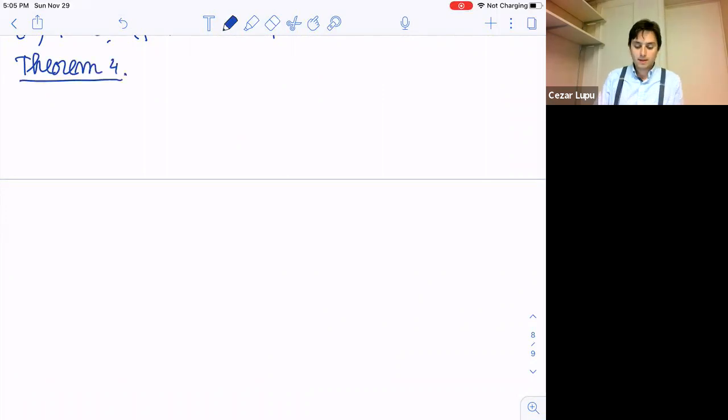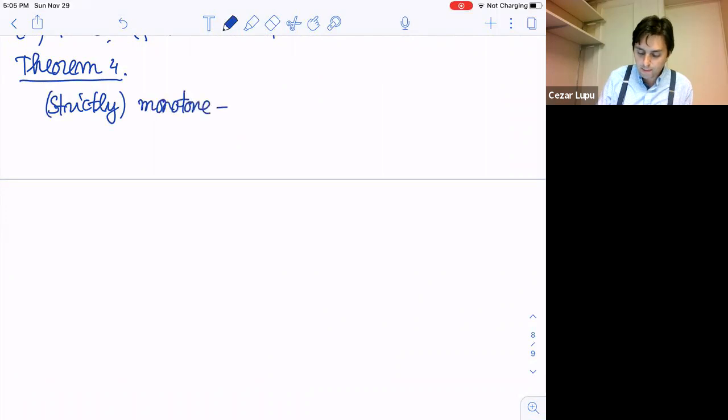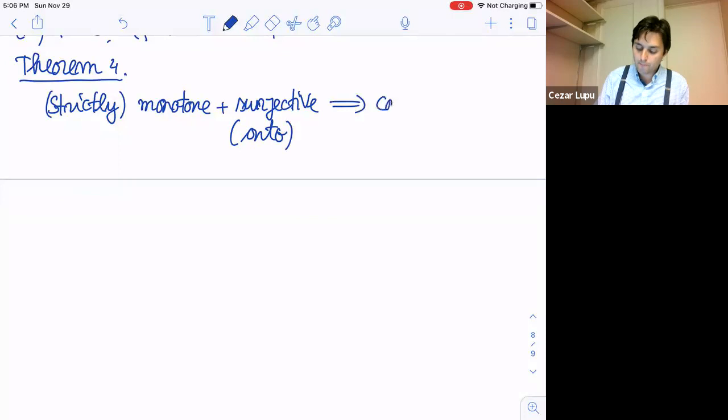And we can write it like this. Strictly monotone, although when I say monotone, I mean strictly monotone, plus surjective, or I can say onto, implies continuity.